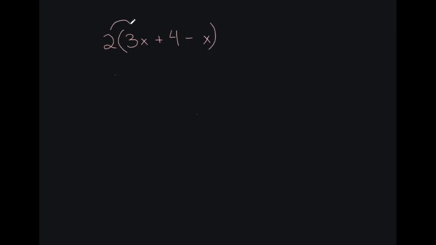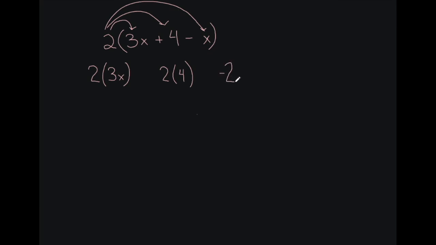So we have 2 times 3x and 2 times 4 and 2 times x, but we have a subtraction sign here. Because there's a subtraction sign there, that will give us negative 2x.